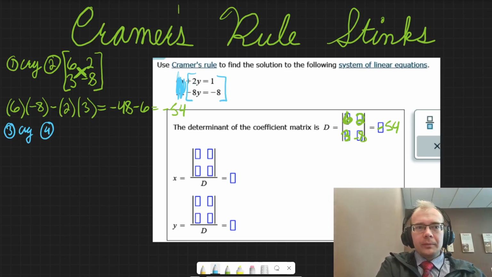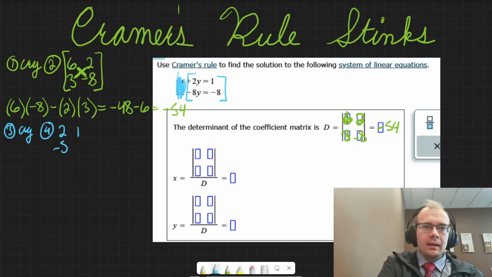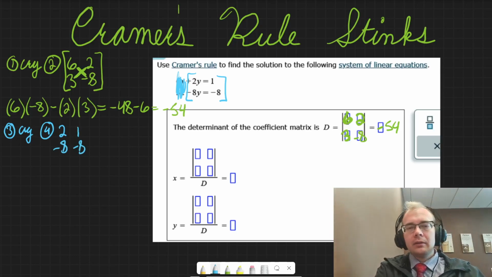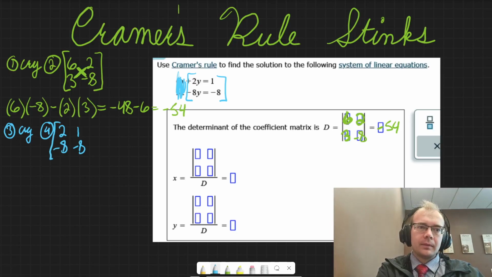Okay, so 2, 1, negative 8, negative 8. You ignore the x column. The rest of the numbers make your x determinant matrix. Makes 0 sense, so just don't think about it, because the less you think about it, the more sense it makes. So 2 times negative 8.